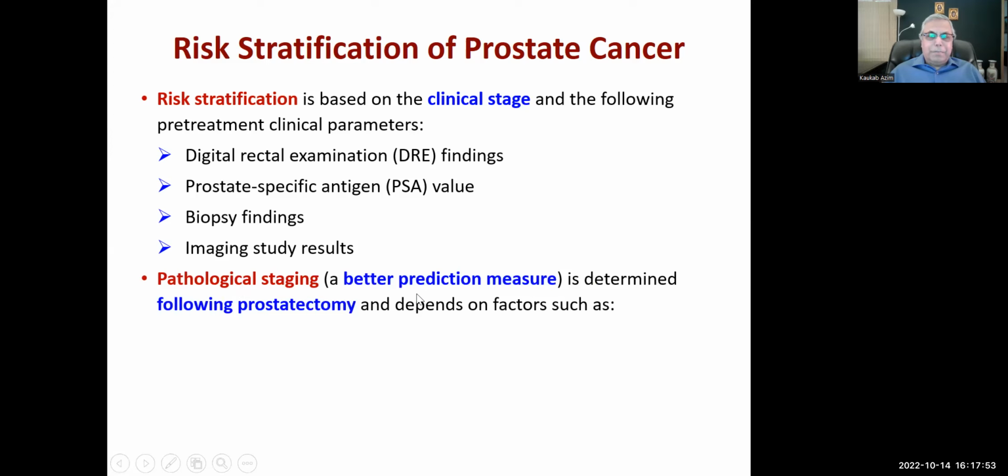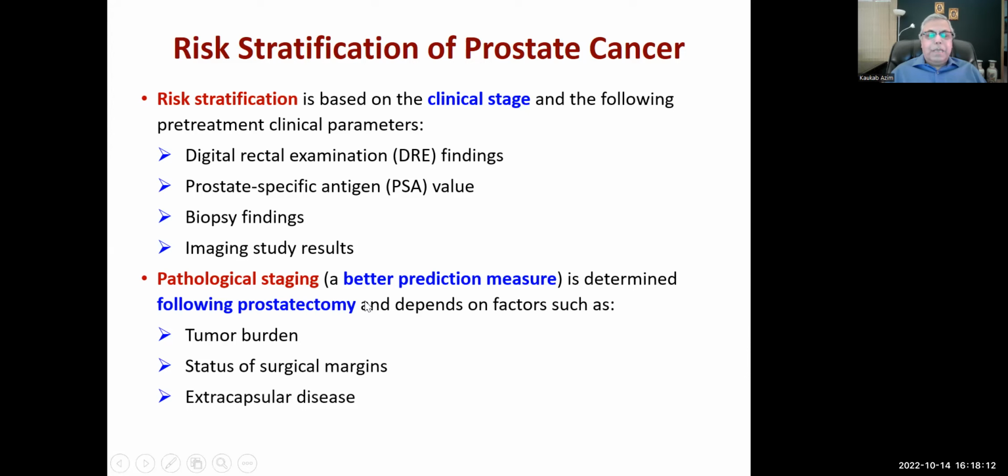Pathological staging is a better prediction measure. It is determined following prostatectomy and the report from the pathologist. So we look at the tumor burden that I mentioned in the previous slide, status of surgical margin if the patient has undergone surgery, extracapsular disease, and seminal vesicle or pelvic lymph node involvement.